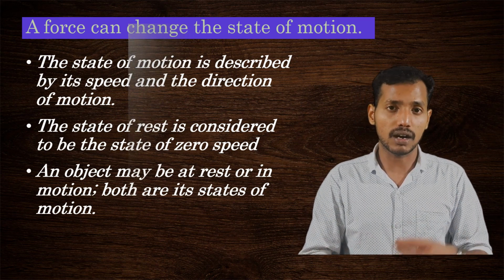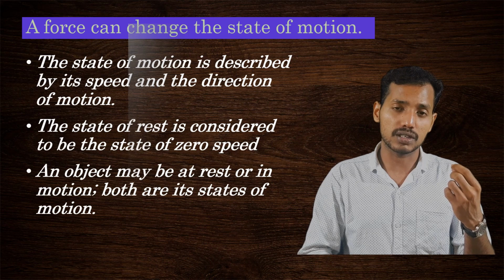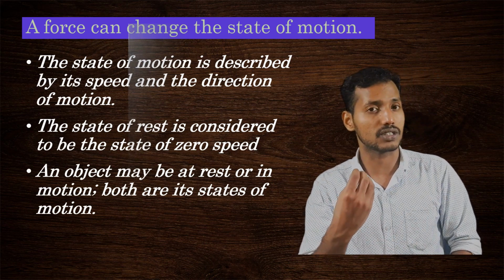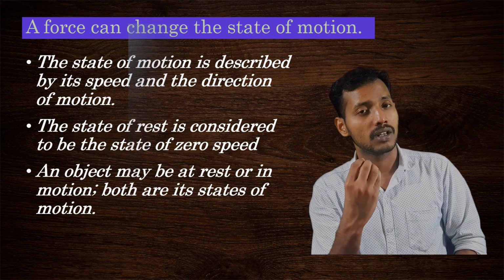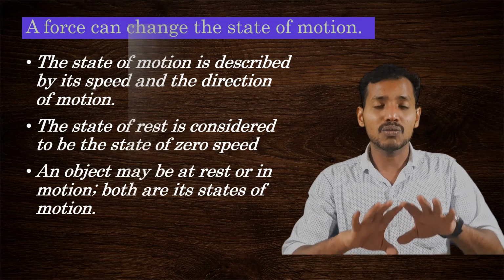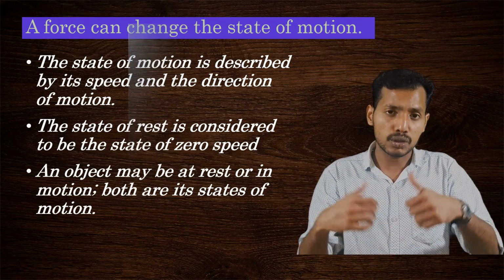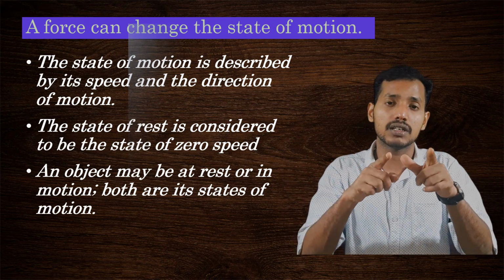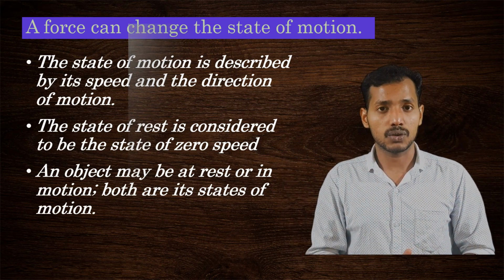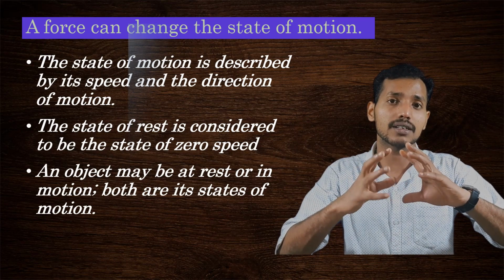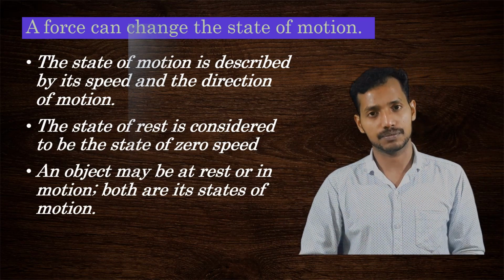For example, one car moves at 60 km per hour towards the north, and another car moves at 60 km per hour towards the south. So their state of motion is different, because even though their speeds are the same, their directions of motion are different. So to describe the state of motion, we need speed as well as direction of motion.